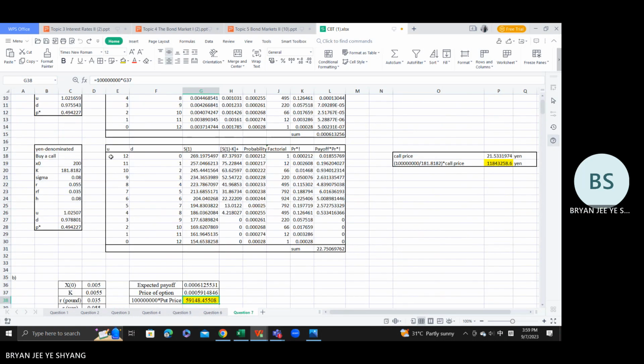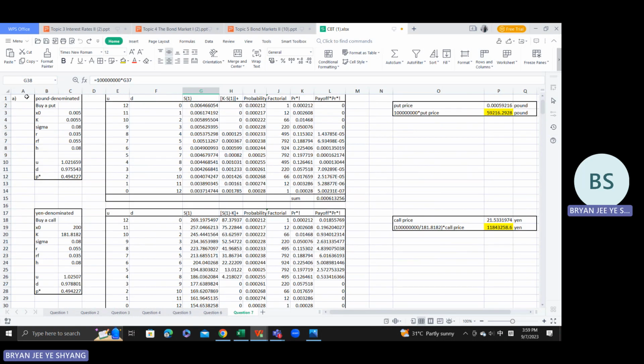So for question 7, for pound denominated, because we are a London designer, we assume that we are Beatrice. For pound denominated, we have to buy a put option. Our spot exchange rate at the current price is 0.005, and our strike exchange rate is equal to 0.0055.